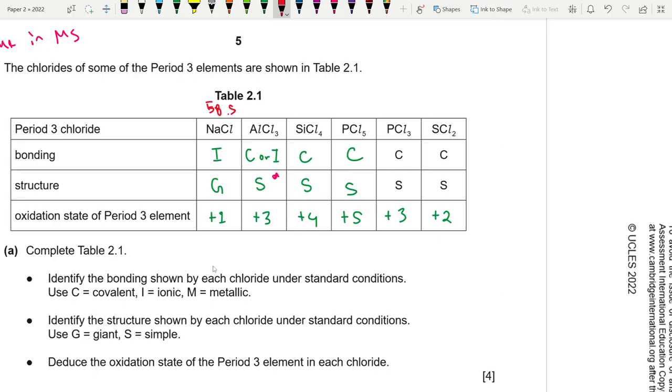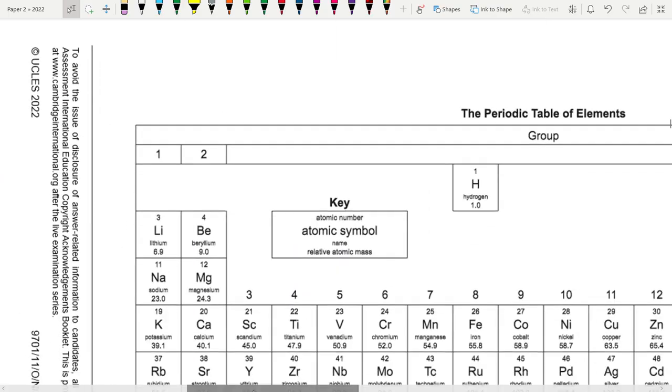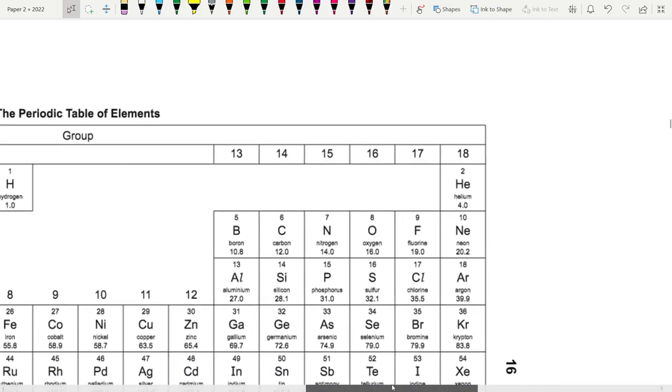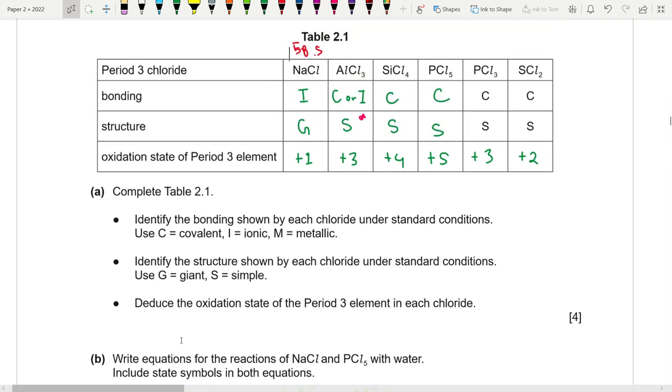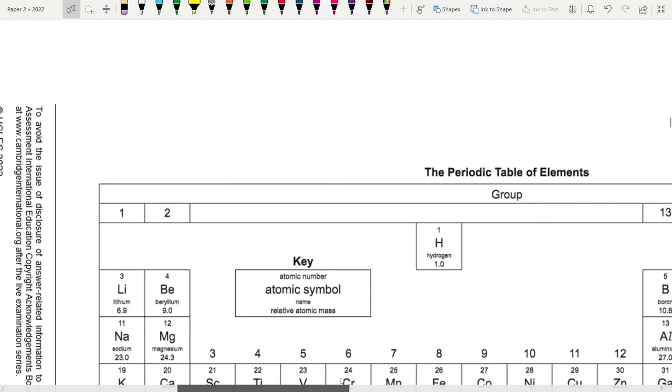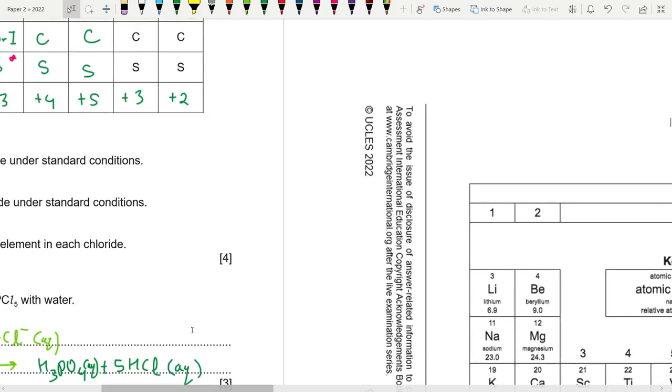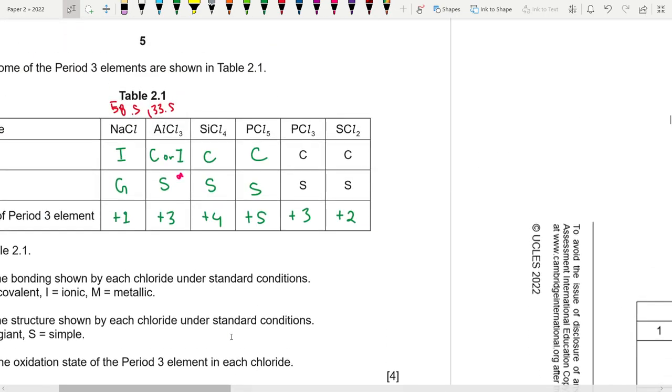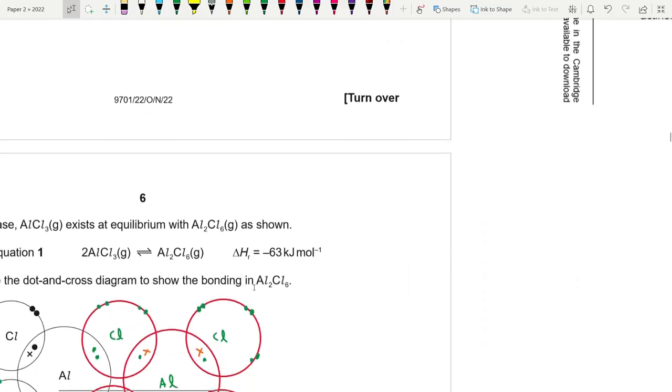Okay, so 35.5 times 3 plus aluminium is 27. That gives me a value of 133.5. So it might be silicon. So 35.5 times 4, and silicon is 28.1. So let's add that up. Plus 28.1 gives me an answer of 170.1. All right, we have our answer. It's consistent with SiCl4. That's great.